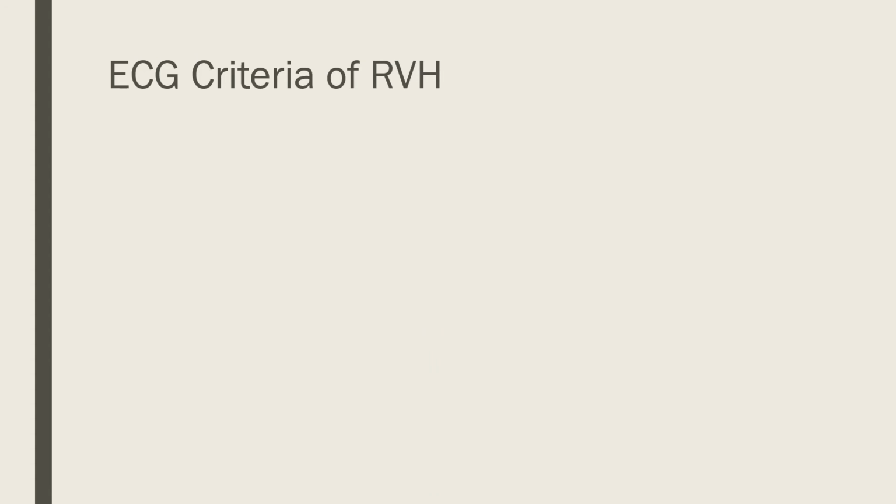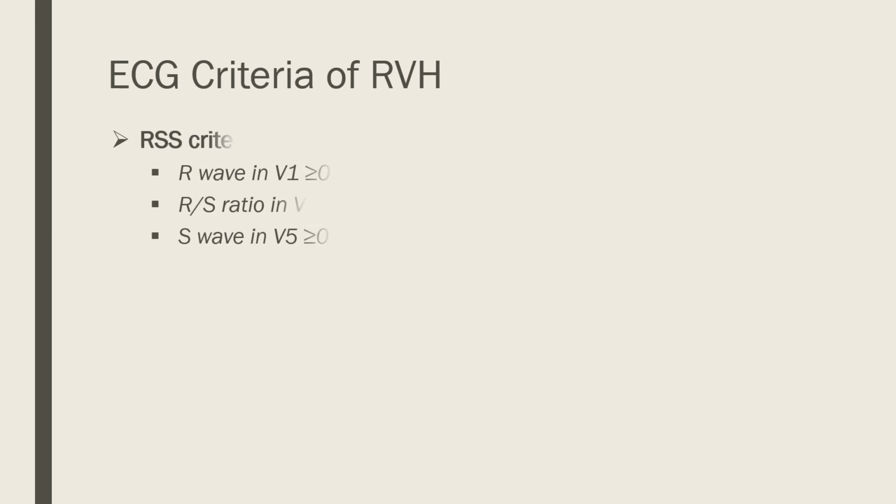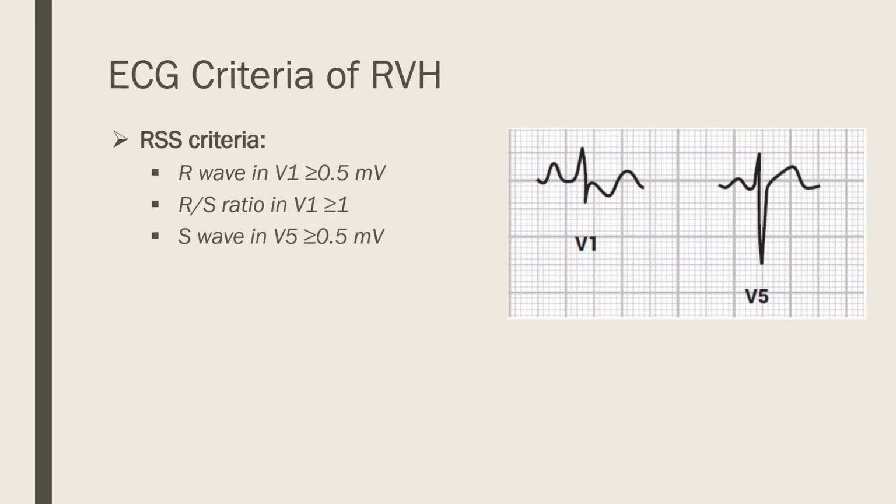Now, what are the ECG criteria of right ventricular hypertrophy? We have the RSS criteria, which states that R wave in V1 is equal or more than 0.5 millivolt, and RS ratio also in V1 is equal or more than 1, and S wave in V5 is equal or more than 0.5 millivolt.